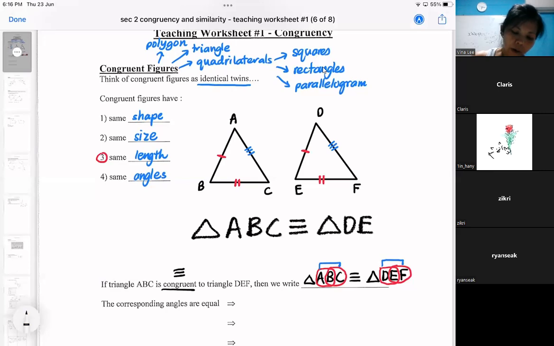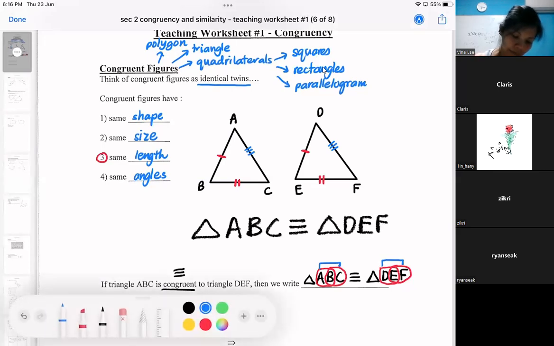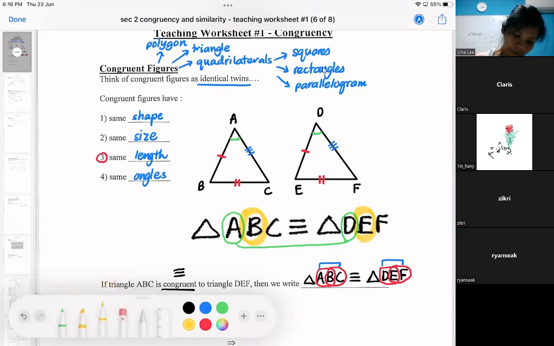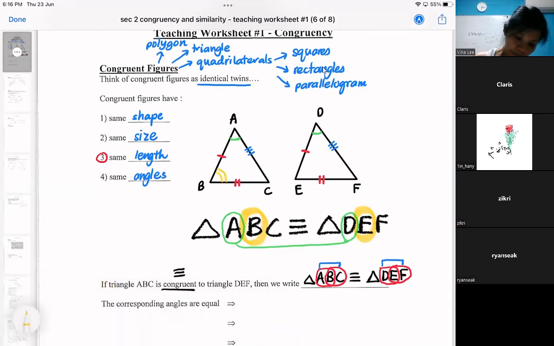Let me show you how we match the angle. Angle A will match with angle D. So this angle will be the same as this angle. Let me change color. Angle B will be the same as E. So you must match the angle.